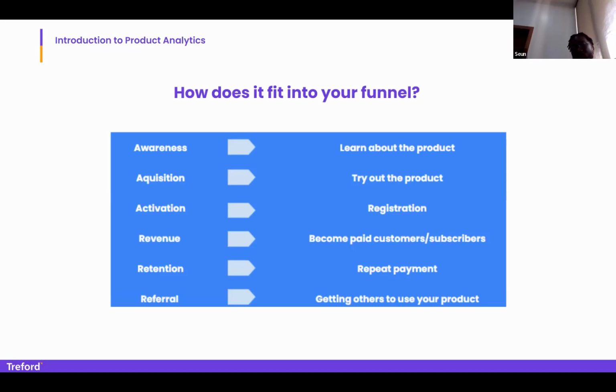So at every stage of the funnel, there are user actions that drive value to the business that we want to measure, and these user actions are what we call events.